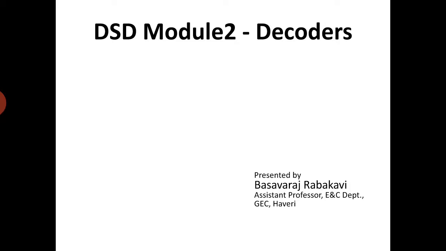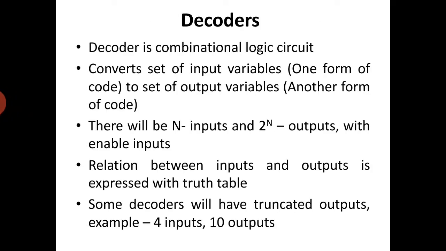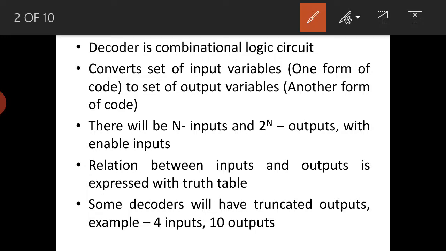But here we are talking about decoders. So what is a decoder with respect to digital system design? The decoder is basically a combinational circuit made up of basic gates or universal gates. It converts a set of input variables to a set of output variables.